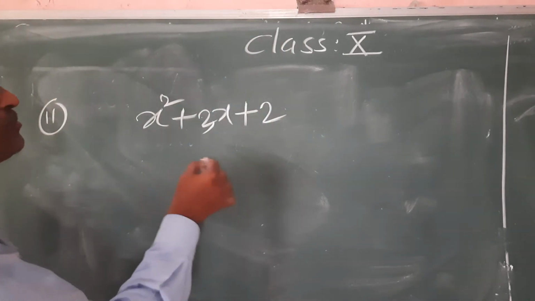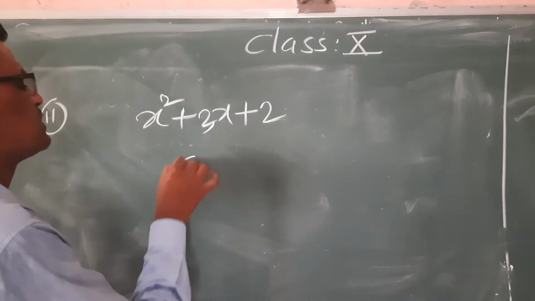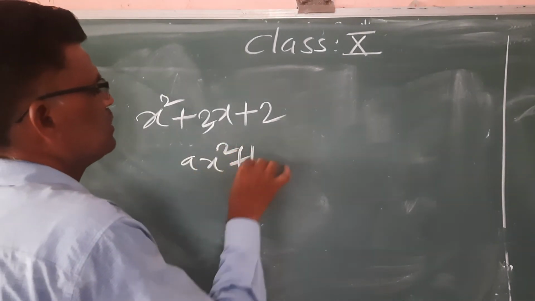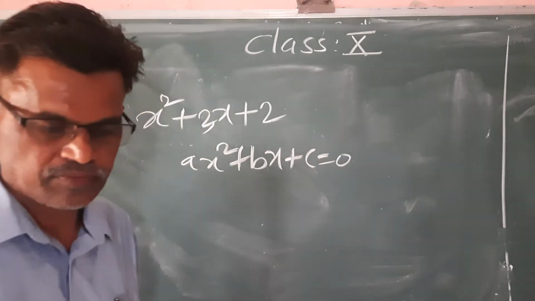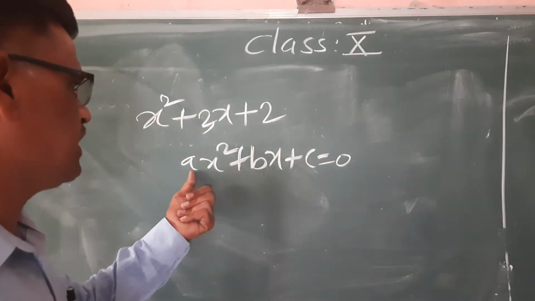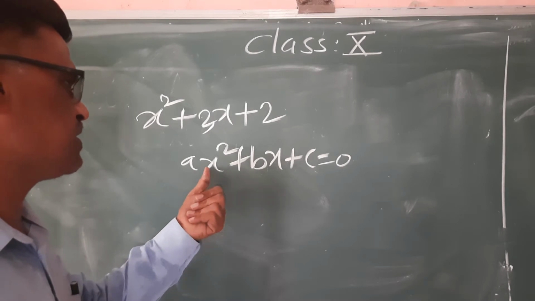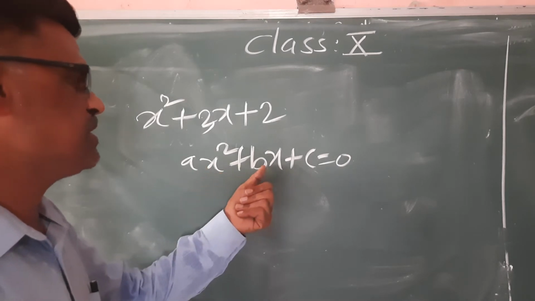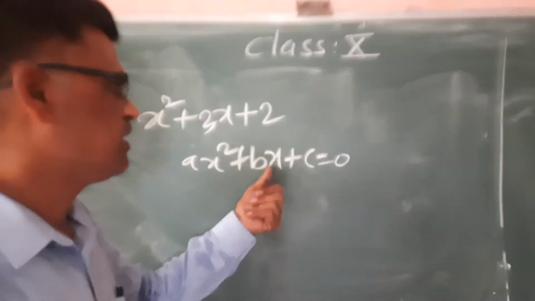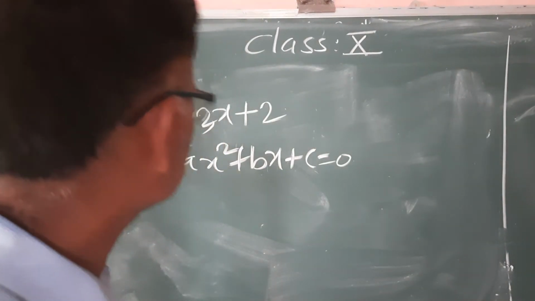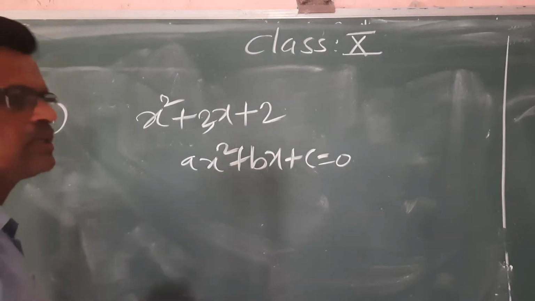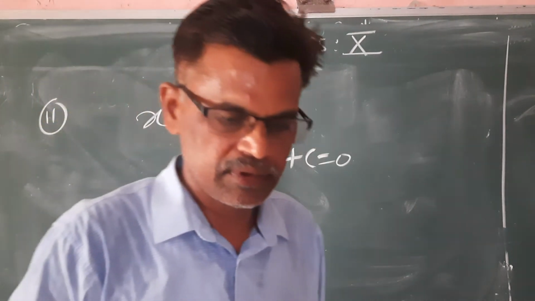Then the general form of a quadratic polynomial is ax square plus bx plus c is equal to 0. Here a is the coefficient of x square, b is the coefficient of x and c is the constant term. First of all, we will find the zeros of the given polynomial.